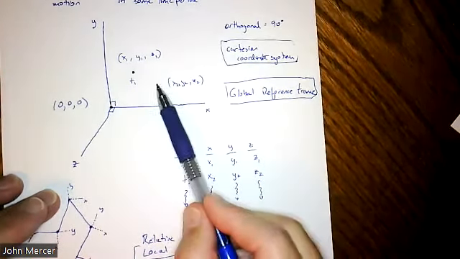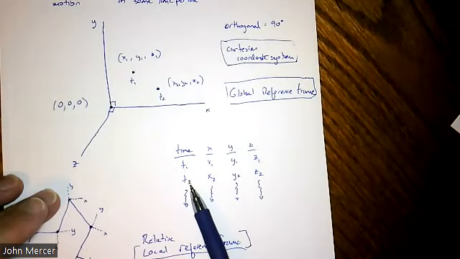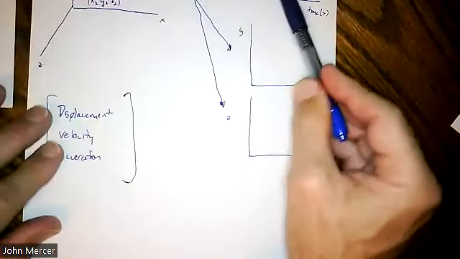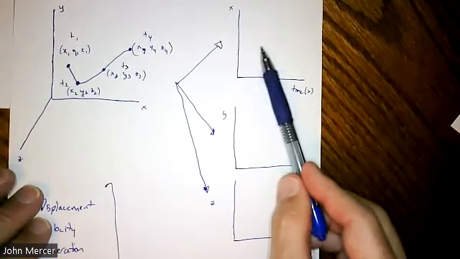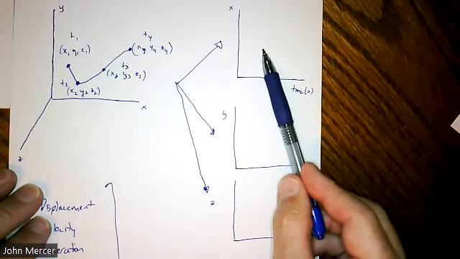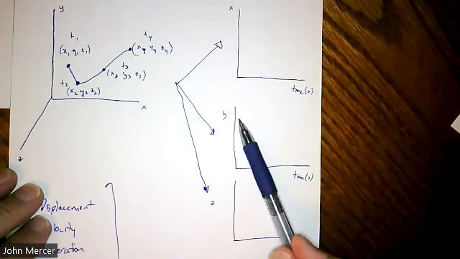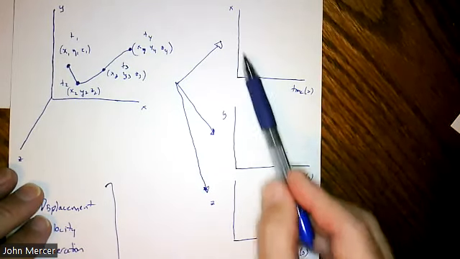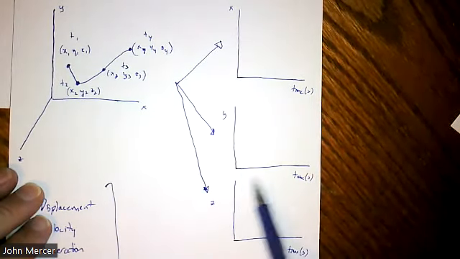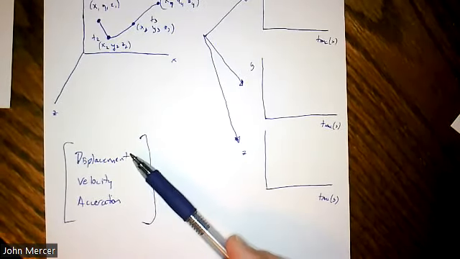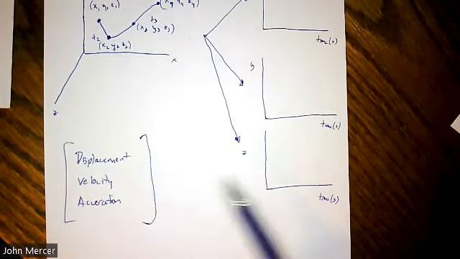And then we'll track that object in space over time periods, and then we'll take those data points and we'll only look at one dimension at a time. The X direction, the Y direction, the Z direction. So X versus time, Y versus time, and Z versus time. And then we'll get information about displacement, velocity, and acceleration, all from graphing.